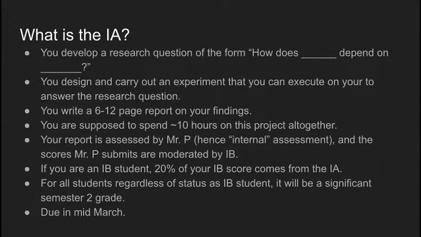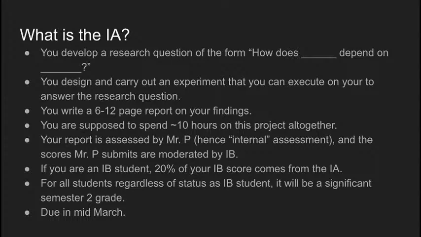Now that research question has to be something that you can actually do at home. This year you're going to have to design and carry out an experiment that will answer your research question. Because we're doing distance learning, that has to be an experiment that you can do at home.